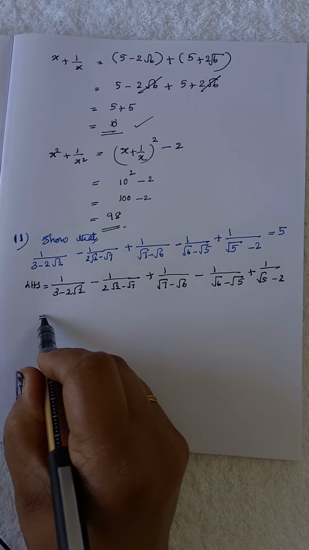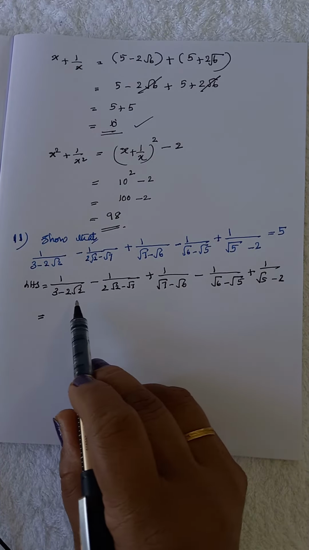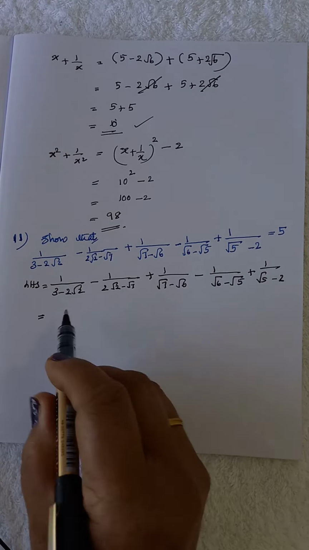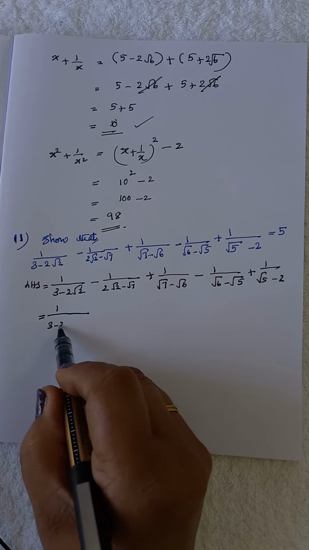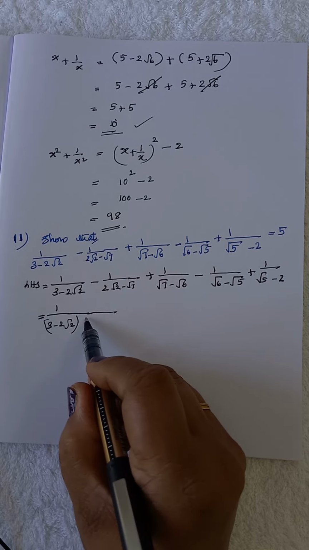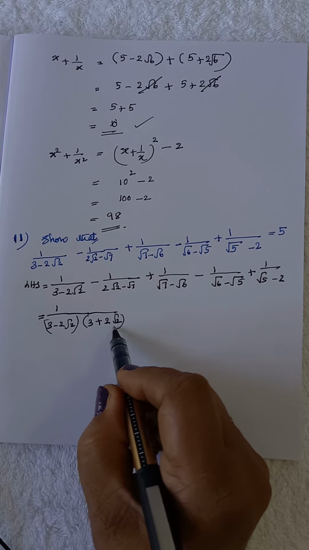Now that is equal to, we have to take each term and rationalize it, because in each of these denominators we have a root. Take the first term, that is 3 minus 2 root 2, and its conjugate is 3 plus 2 root 2. With that we have to multiply both the numerator and denominator.